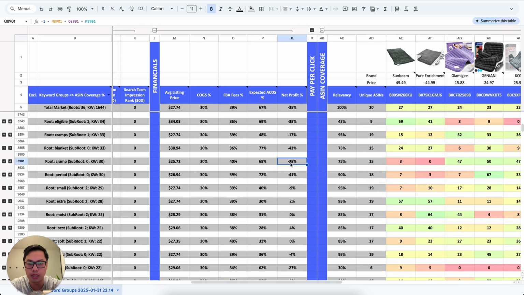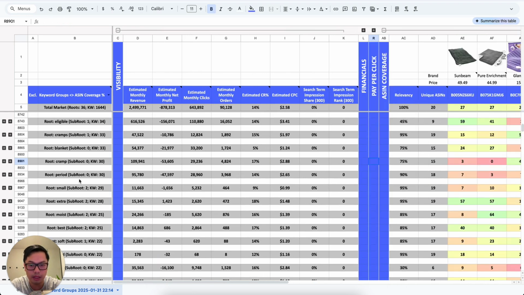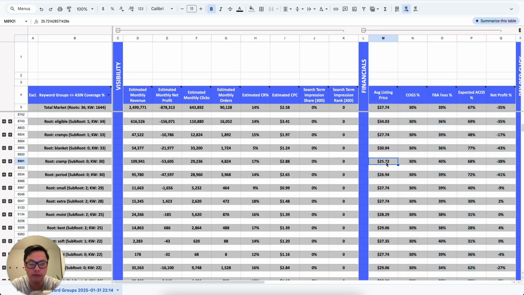If you did the math, I would be losing money on every PPC sale. Why is that? That's because in the cramps niche, it converts around 17%, but it has a CPC of $2.88 with an average price of $25.72.